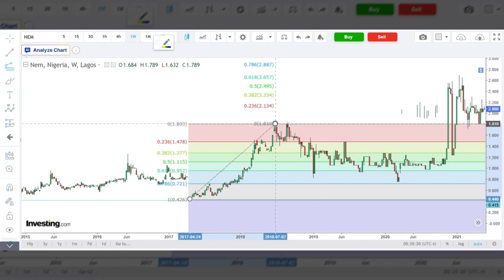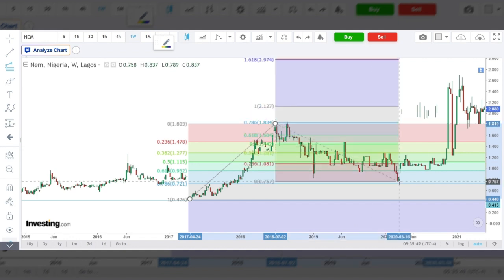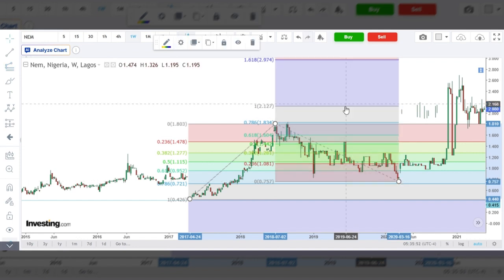So those are the levels for retracement. And again, wave 2 must never go below wave 1. These are ways to stop, and it follows all those rules. So now I'm going to stop here.